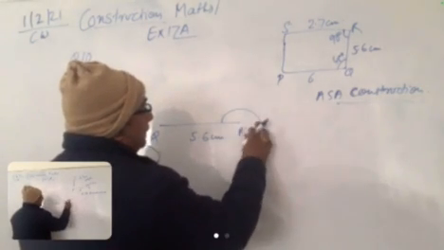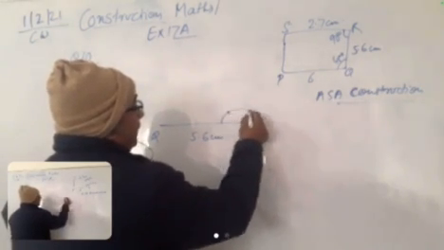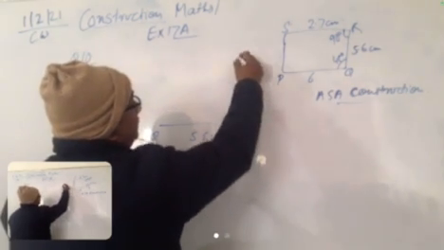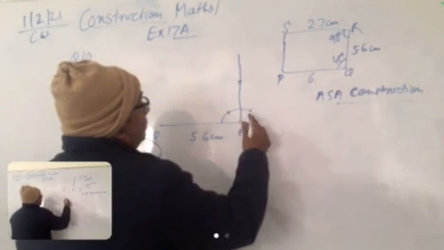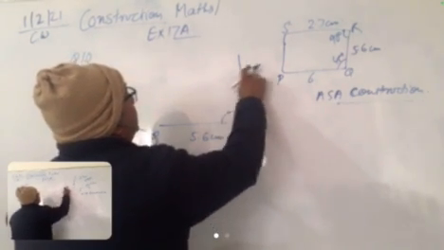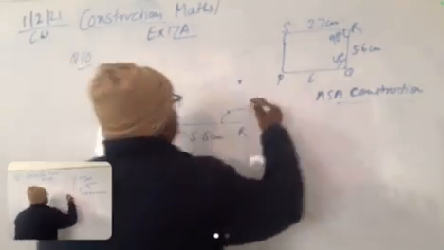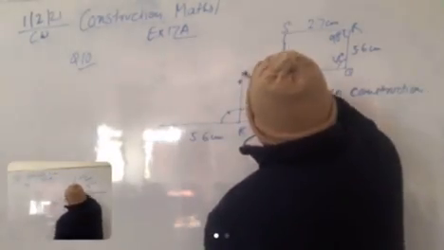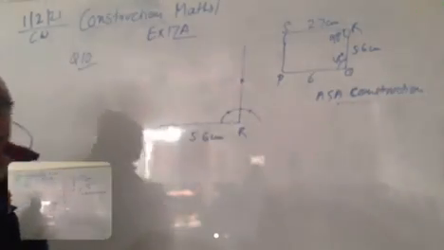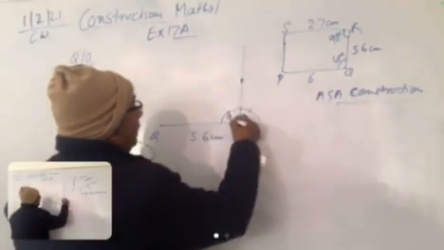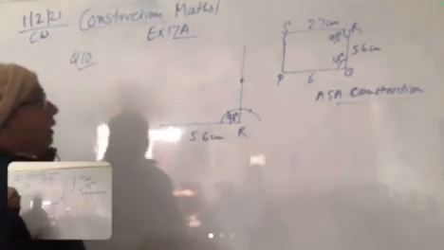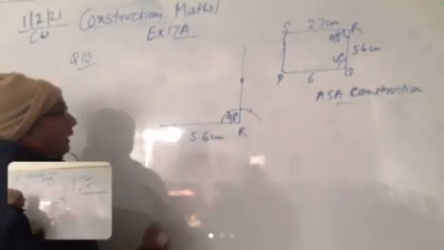Draw an arc like this, and then cut 60, 120, and then from these two we cut an arc like this, and now draw a straight line here. Okay, so this is 90 degree. Clear everyone?